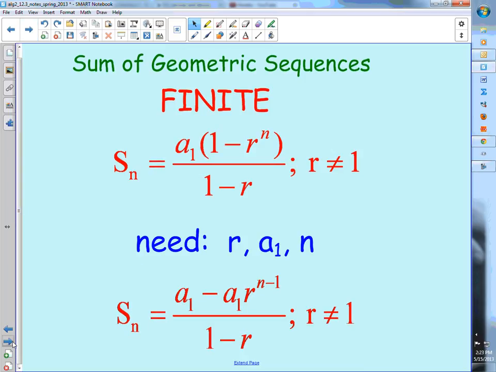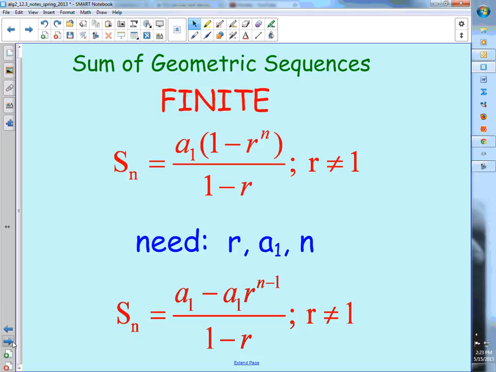So the first one I gave you, this one, and this one are all different versions of the same formula. And I honestly don't care which one you use, or if you use any of them. It doesn't matter. In each of those cases, you need a sub 1 or n.